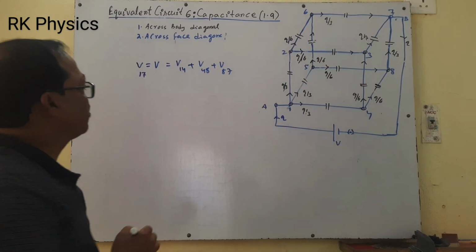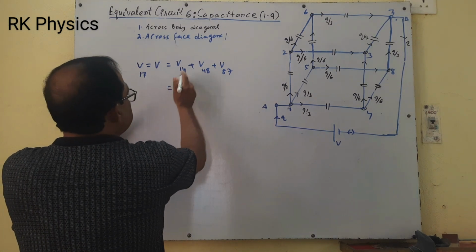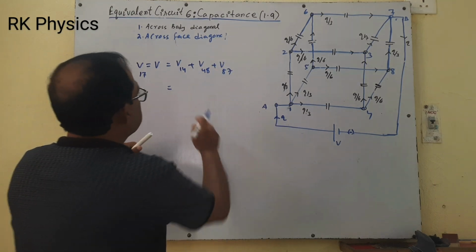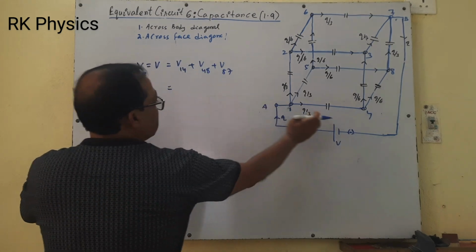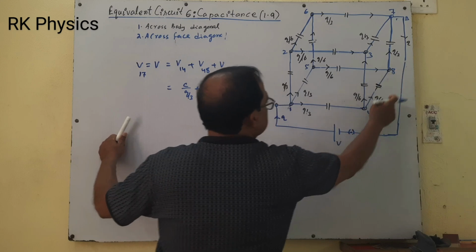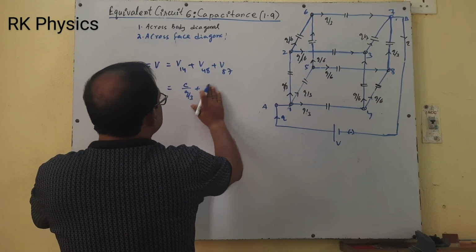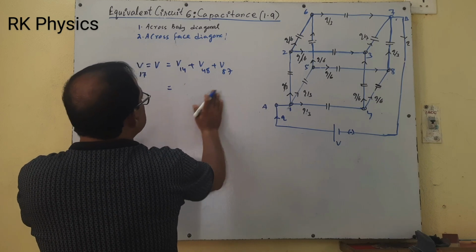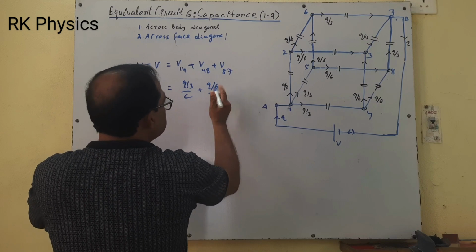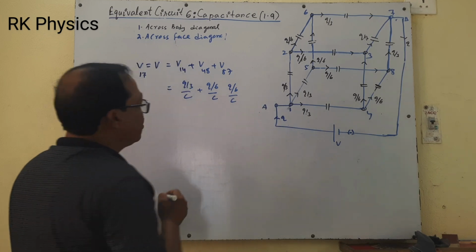Then put in the values. The voltage formula is charge divided by capacitance. From 1 to 4 the potential is Q by 3 by C, from 4 to 8 it is Q by 6 by C, and 8 to 7 is Q by 6 divided by C.